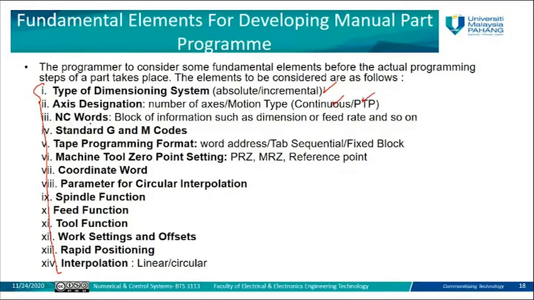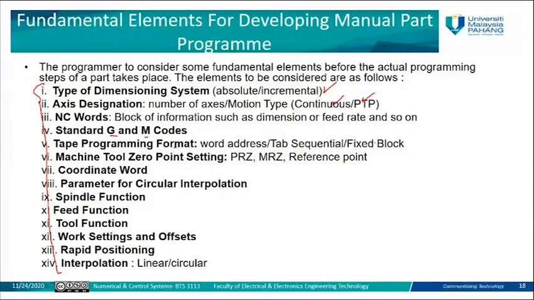Also the NC word here, block of information, type of the code that we are going to see, which is G code and M codes, type of programming format which is word address, tab sequence, fixed blocks, the three types of the format here.